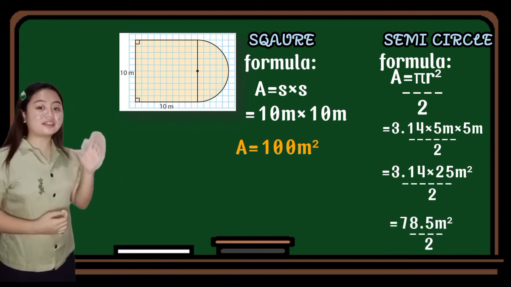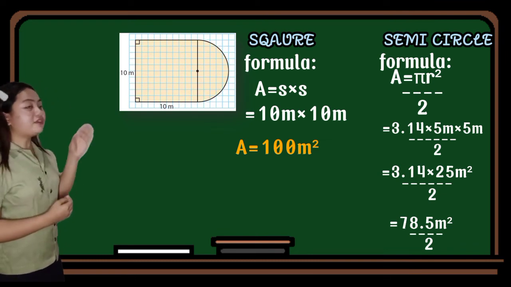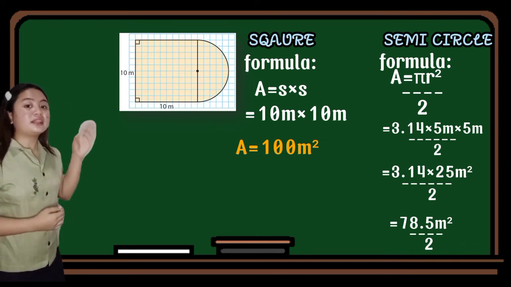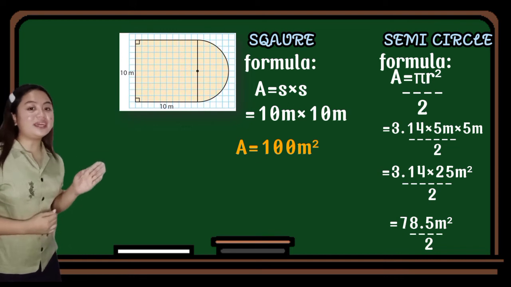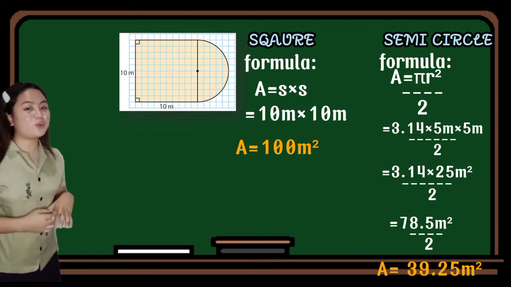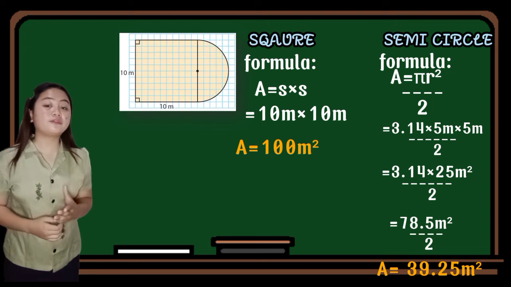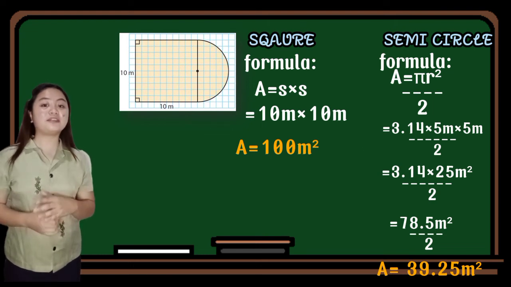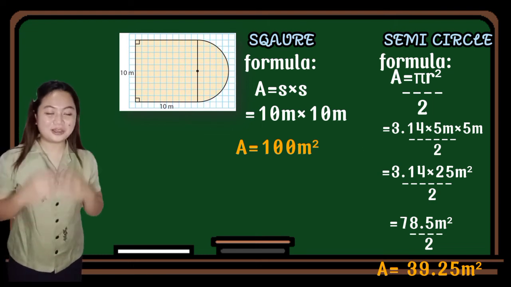Then, to get the area, let's divide. That will be 39.25. So our area for the semicircle is 39.25 square meters.